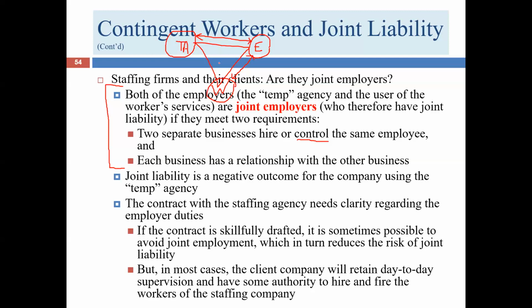Those types of things, if the employer is simply just using the temporary agency to funnel the management of the worker through the temporary agency, then really the employer hasn't given up his or her authority. Because obviously the temporary agency is going to do whatever the person paying its bills tells it to do.